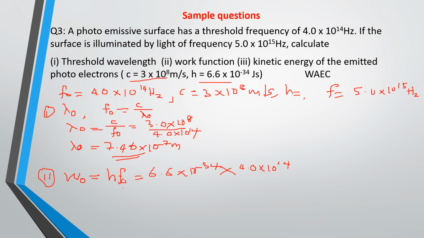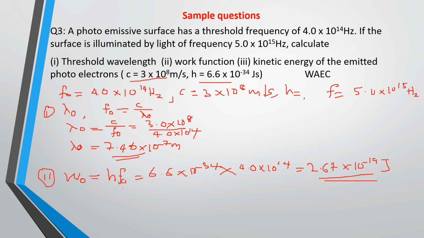If you work this out with your calculator, you're going to have 2.67 times 10 raised to power minus 19 joule. Okay guys, so this is your work function.